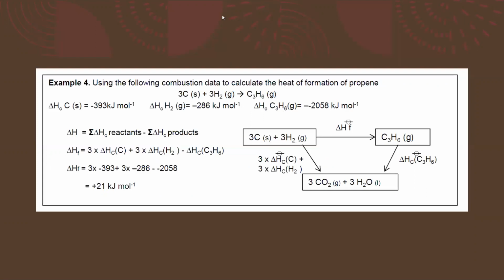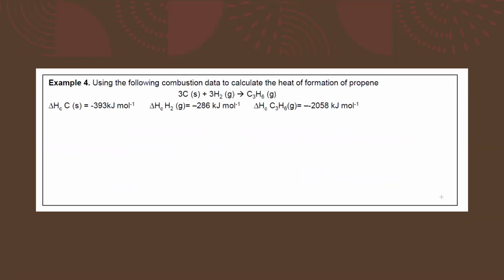So again, if you want to solve this, as the combustion values are given, 3 carbon plus 3 hydrogen gives C3H6.